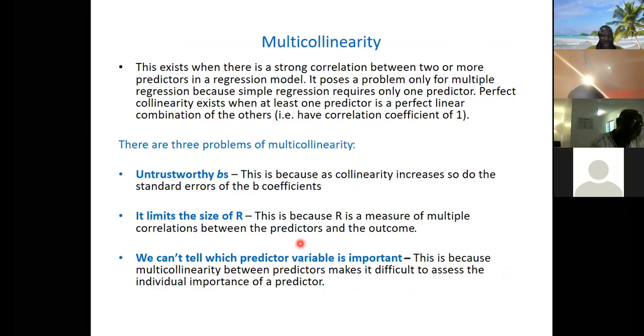Multicollinearity, I think I have talked about it: when you have two variables that are perfectly correlated, if you do their correlation and it is perfect, you cannot run both of them, you cannot put both of them inside the model.